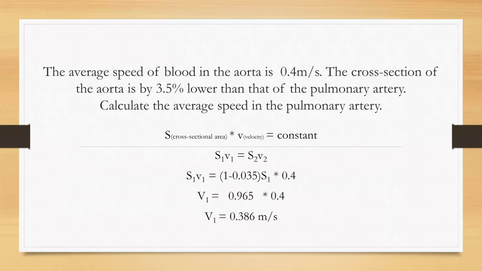V1 we find out by comparing the 3.5%. If you convert 3.5% into decimals, it would be 0.035, and 1 minus 0.035 would be the velocity. And so we find the speed, or the velocity in this case, in the pulmonary artery.